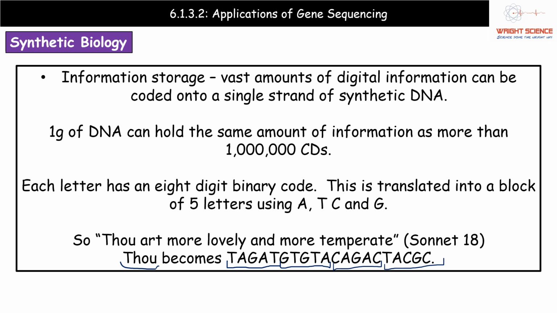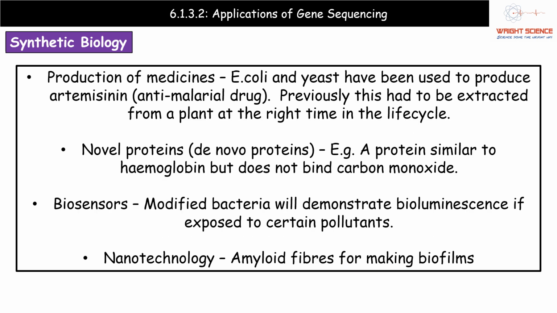The next useful application of our synthetic biology is in the production of medicines. So we can actually modify the E. coli and yeast cells to produce key medications. And a good example is the anti-malarial drug artemisinin, and this is then going to originally be extracted from a plant at the right point of its entire life cycle, problematic.